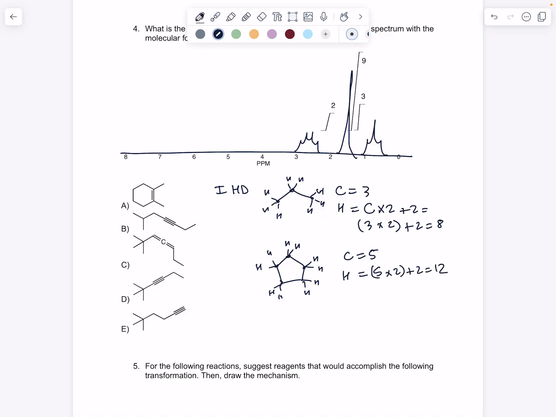But it doesn't. Wait, I forgot to dot those. Let me redo that. 1, 2, 3, 4, 5, 6, 7, 8, 9, 10 hydrogens. So there's 2 hydrogens that we don't have that we would normally expect to see. So the index of hydrogen deficiency is 1.